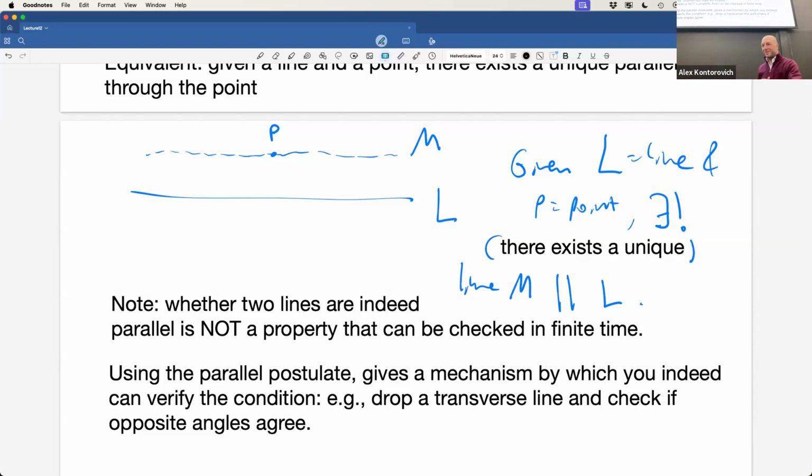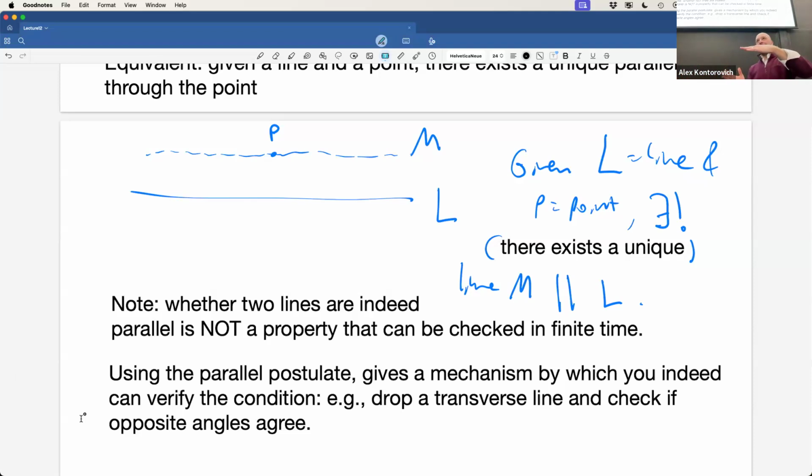Could you not just measure for 180 degrees? That's a theorem, and it's a theorem that uses the parallel postulate. We can definitely certify non-parallelism: if you've extended the lines and they cross, then here's a point they have in common.